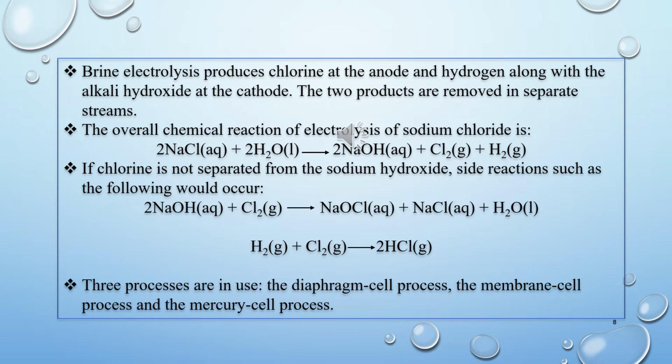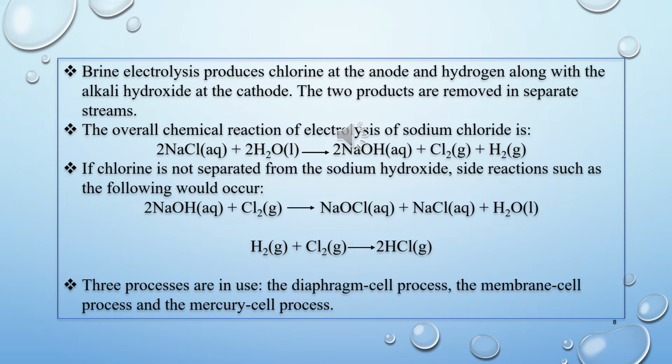Sodium hydroxide will react with chlorine and form sodium oxychloride, or sodium hypochlorite, and sodium chloride and water. If you do not remove chlorine, it will react with your product and form sodium hypochlorite with your salt. This chlorine can also react with hydrogen and form hydrogen chloride.